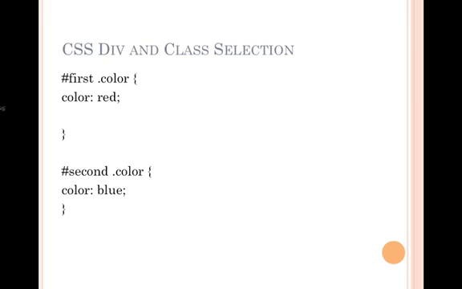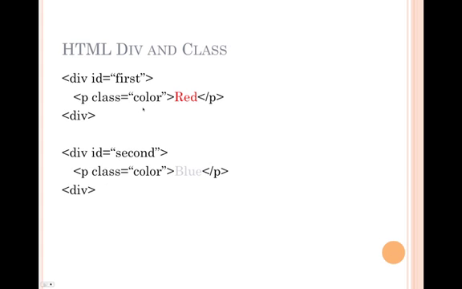So in this case, you see I have pound first dot color is red. I have pound second dot color is blue. And here in the HTML, I have a div ID equals first. This is the ID for first that we saw on the previous slide. And then my P tag, I have class equals color.